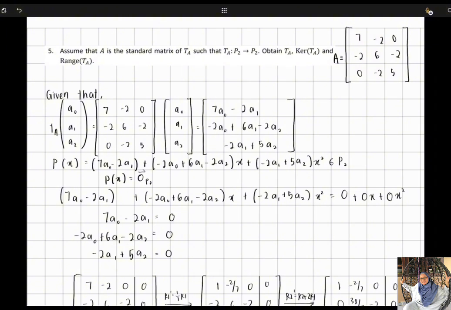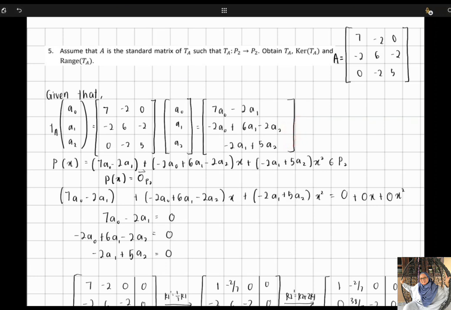So the first step is we need to find TA by multiplying the polynomial that has three elements, which are a0, a1, and a2, with our matrix A. Then we get TA is 7a0 minus 2a1, negative 2a0 plus 6a1 minus 2a2, and negative 2a1 plus 5a2.